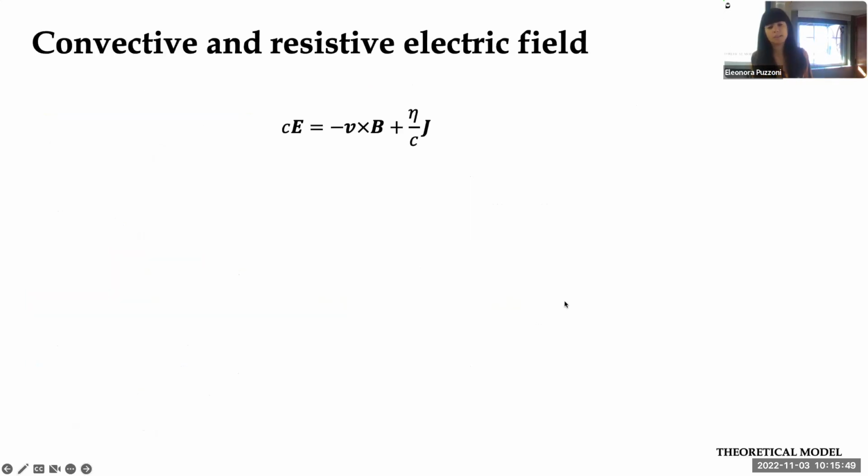So let's focus on the definition of the electric field in the MHD case. As you can see here, the electric field is composed of two terms. The first one, the red one, is the convective term. This is linked to the motion of the plasma, while the second one is the resistive term and is, of course, linked to the plasma resistivity.